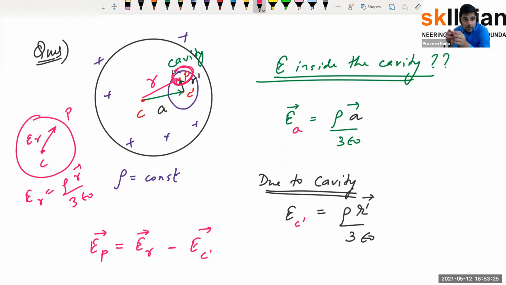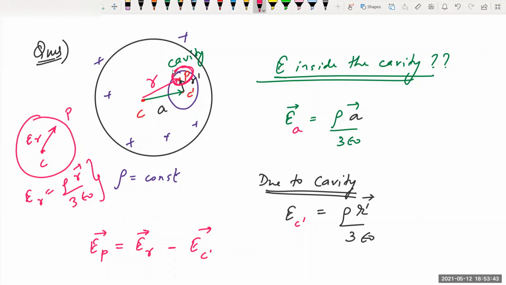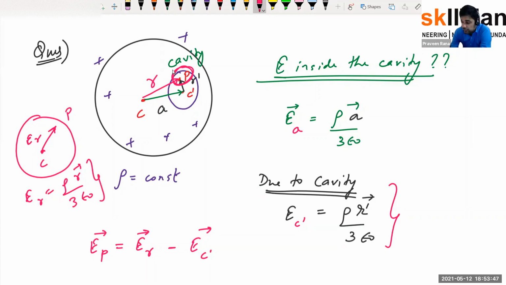First, find the electric field that should be there when there is no cavity. Then find how much electric field you will lose if you remove the cavity. So this should be the value when the electric field was there, and this value has been removed, so subtract it.